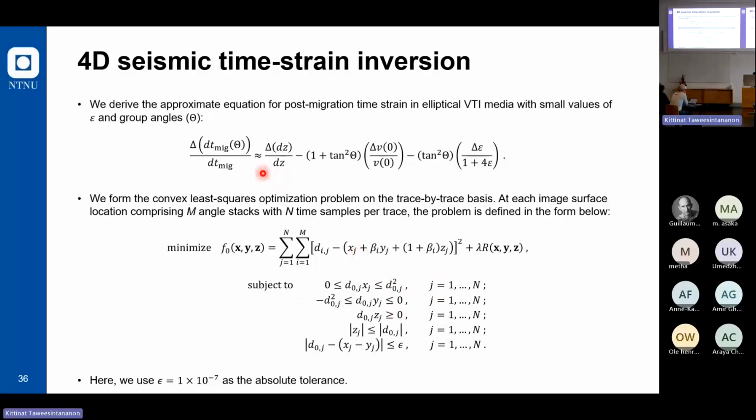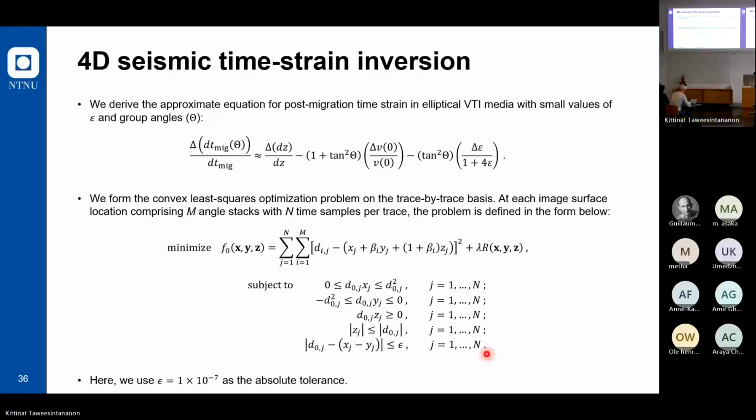For example, the first one says that the thickness strain needs to have the same sign as the time strain. The second condition says that the velocity strain needs to have the opposite sign of the time strain, something like that. That is meaningful and makes sense for geological assumptions.